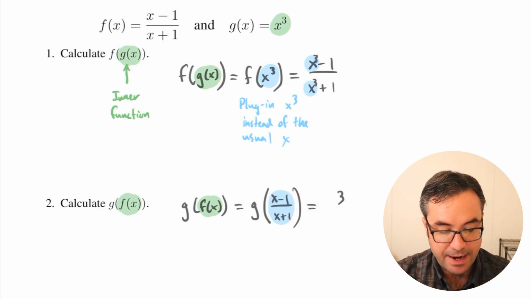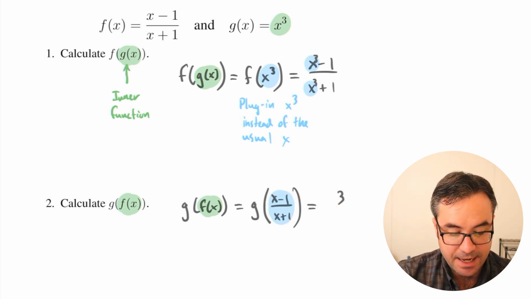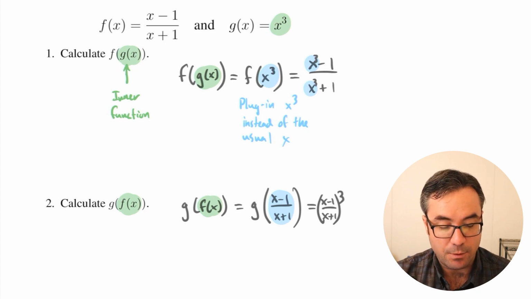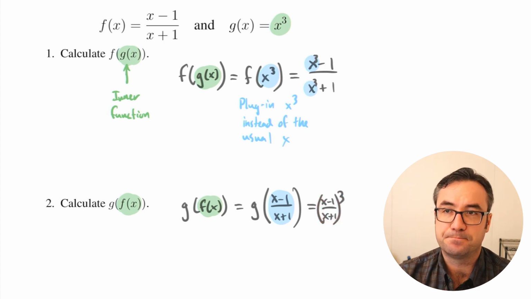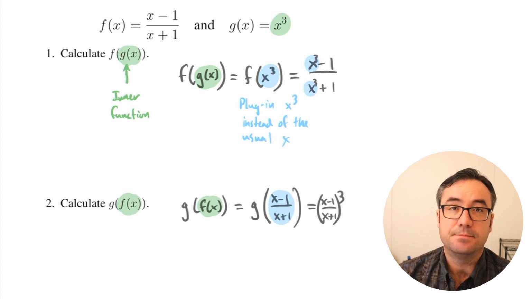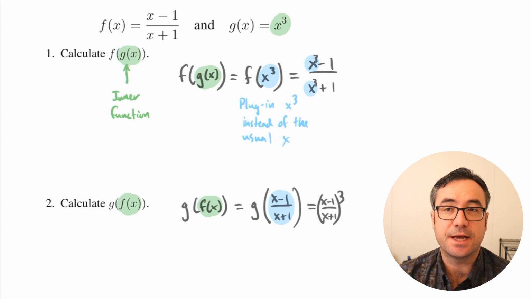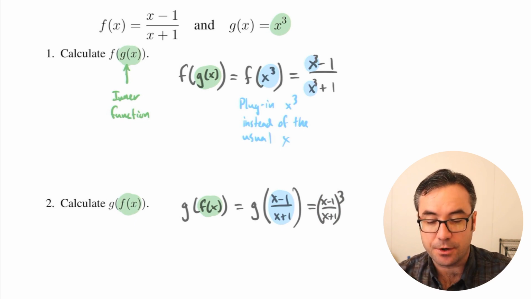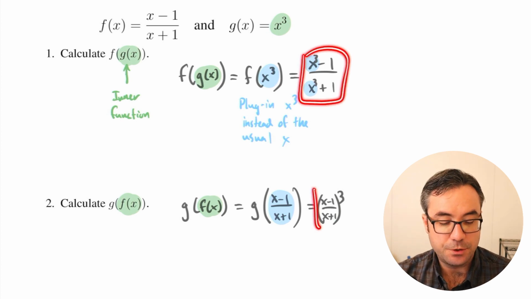So let's get rid of that x. And instead, we're going to plug in our fraction. So it'll be x minus 1 over x plus 1, and we're going to cube that whole thing. And that's it. That's our composition in this case. And so the thing to note here is that if we change the order, we end up with two different results.